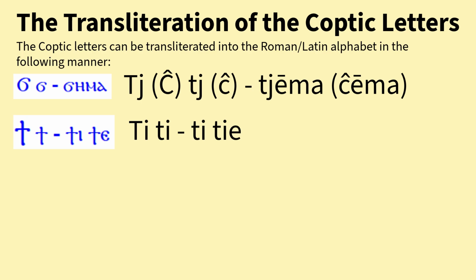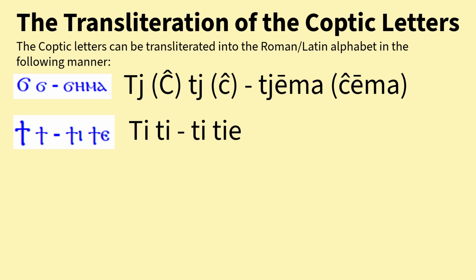Now, the reason for this is because you don't want to mix it up with the CH transliteration of the previous letter. And this lets you know, if you transliterated, which letter it is exactly in Coptic.